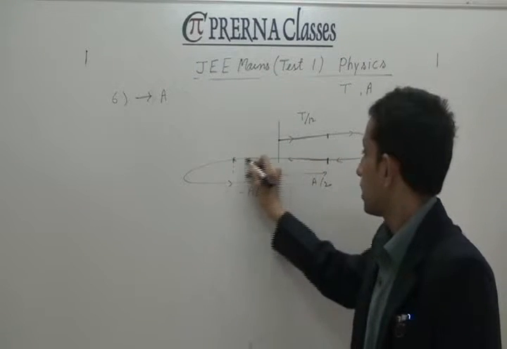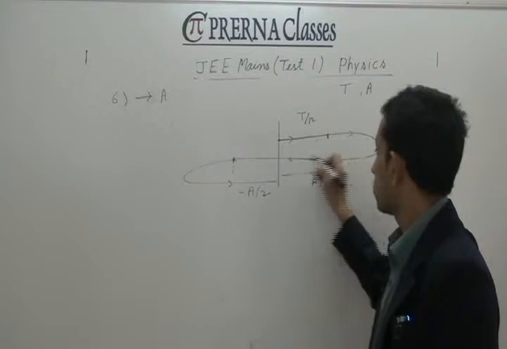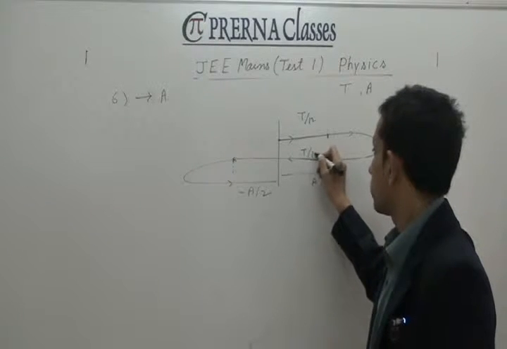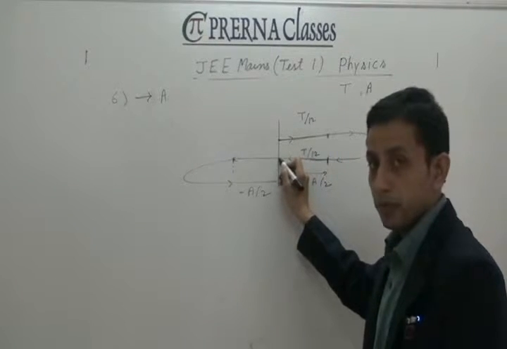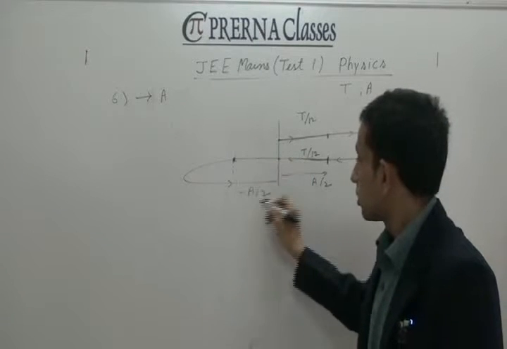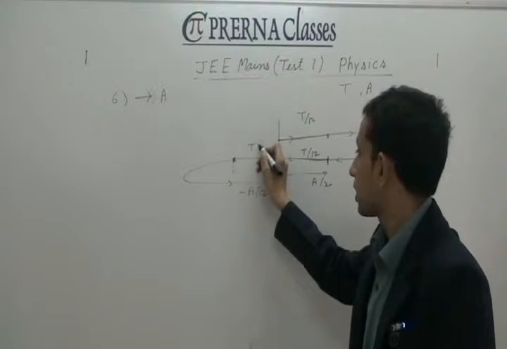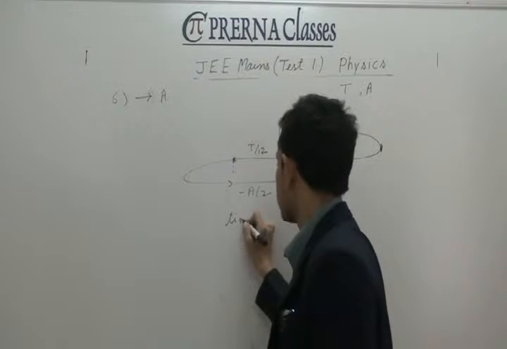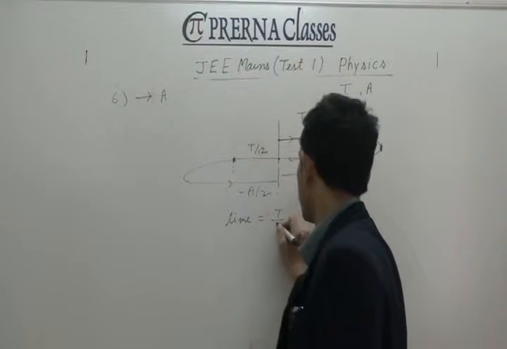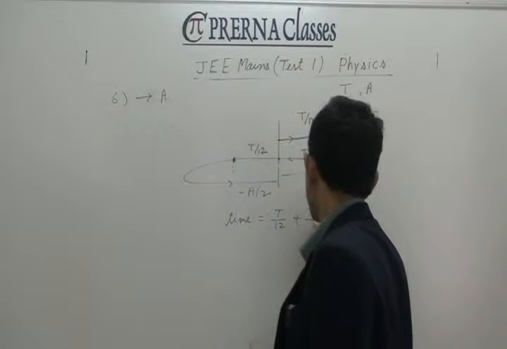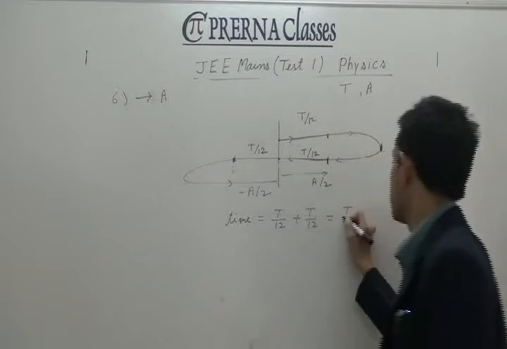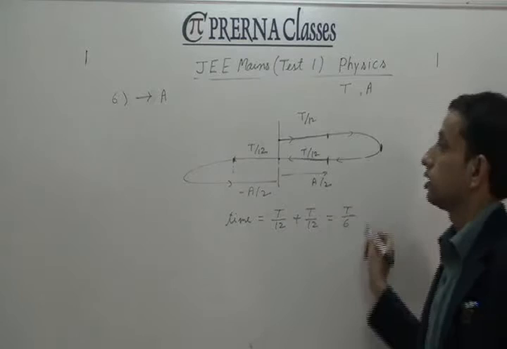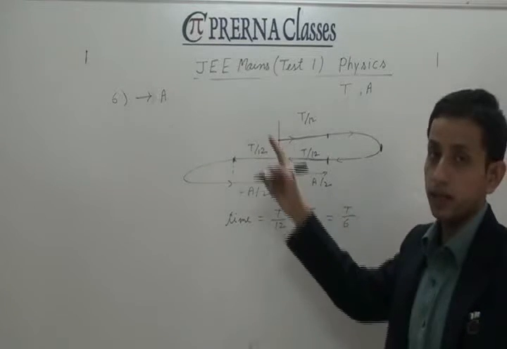The time taken from A by 2 to the mean position is T by 12, and from the mean position to minus A by 2, again the time taken is T by 12. So total time will be T by 12 plus T by 12, and hence T by 6, which is option A.